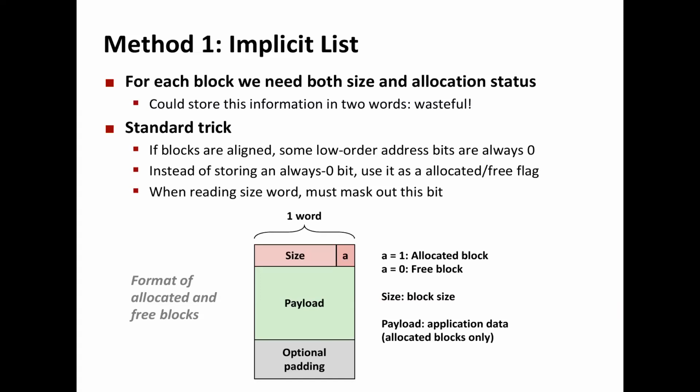That means all bits except the lowest bit. So only the lowest bit is going to be extracted. So you will use different masks. Okay, so we'll have size, payload, and then optional padding. We still can have padding.